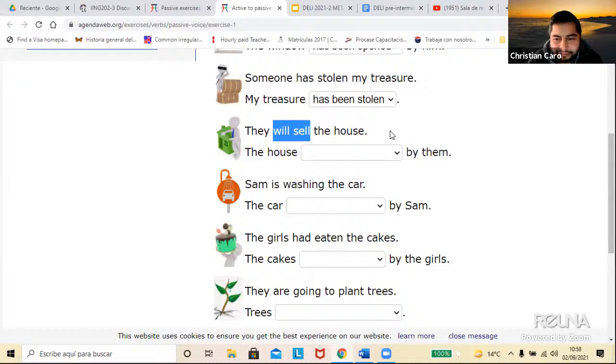So they will sell the house, right? Futuro normal, dice la Valentina. Ok, sí, es un simple future, very good. Ya te sabe que está el present simple, past simple, and future simple. ¿Ya? Y es simple porque no es complejo, ¿no? Es simple porque no lleva otro auxiliary verb, como en el caso de los aspectos, el aspecto perfecto, que lleva un have y un has, ¿cierto?